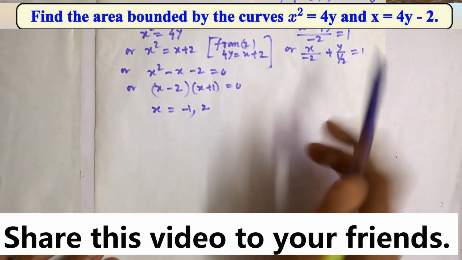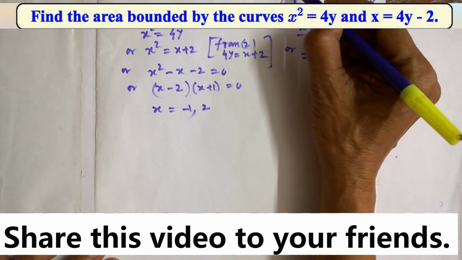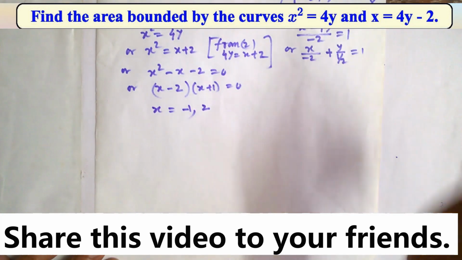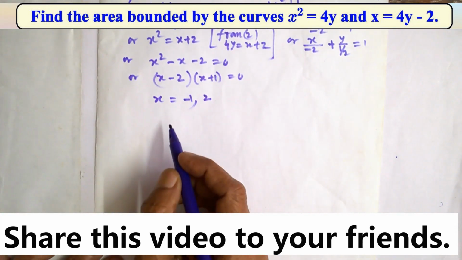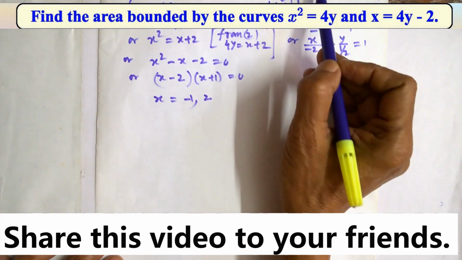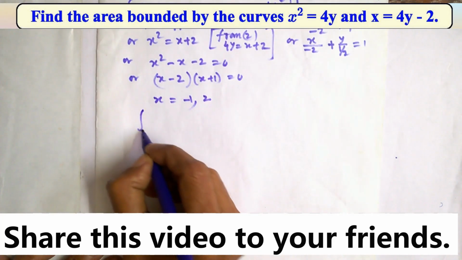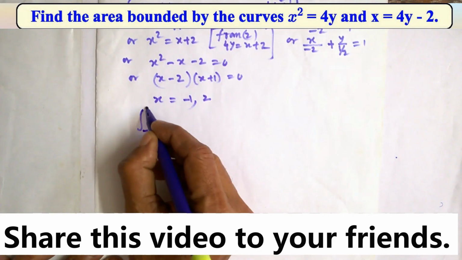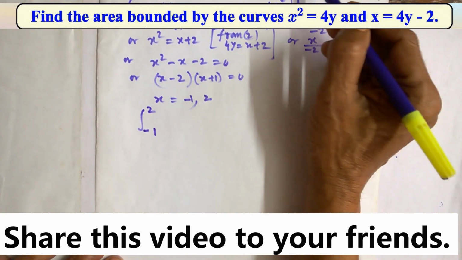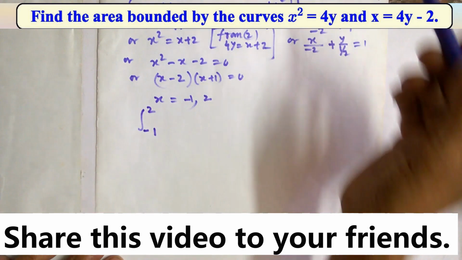Therefore, to find the area of this portion bounded by these curves, we must integrate from minus 1 to 2. We should write the area of POQ.